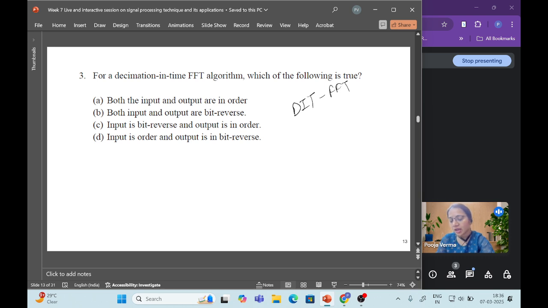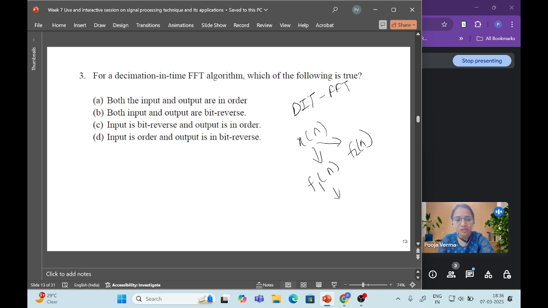Okay, so DIT FFT algorithm processes the time domain input by dividing it into two parts, that is x of n, we are just dividing into f1n and f2n. Okay, and then input sequence are rearranged in a bit reverse order. Okay, and output of the FFT computation is in normal order, that after performing the butterfly diagram, already we have seen.